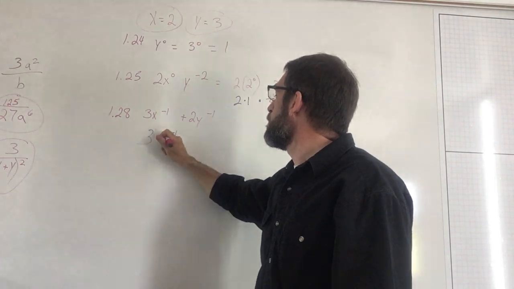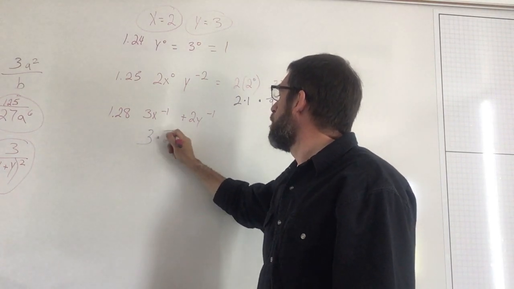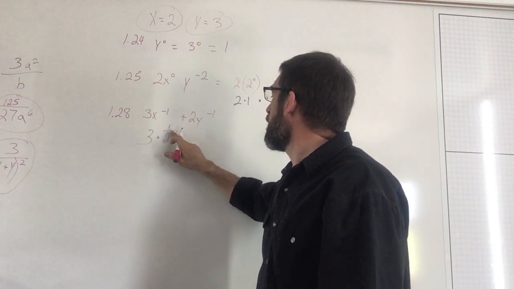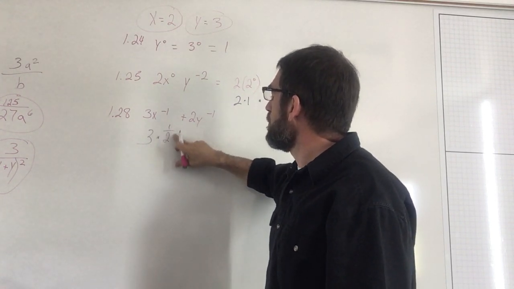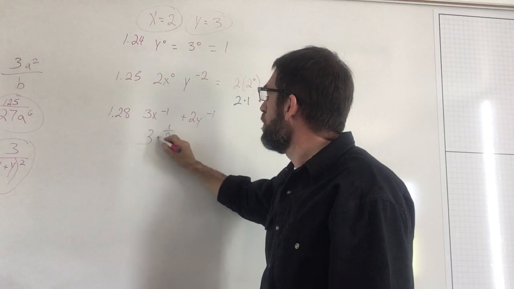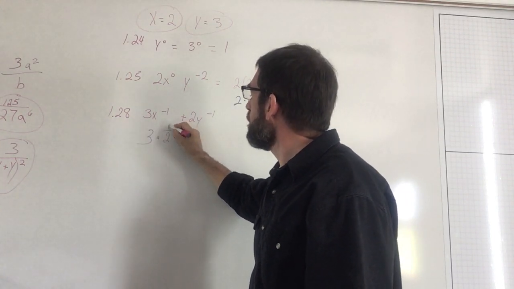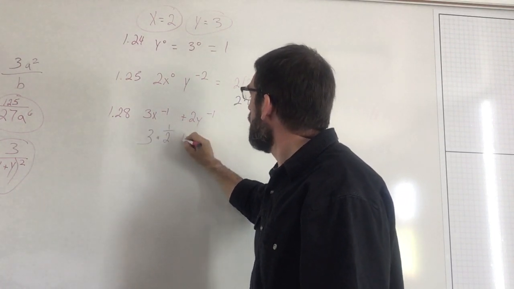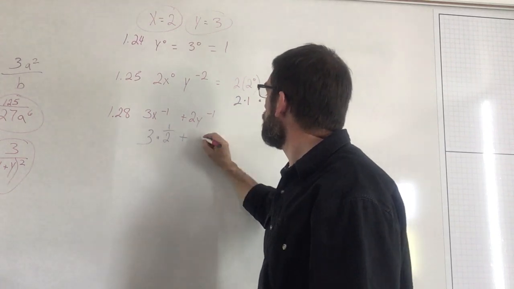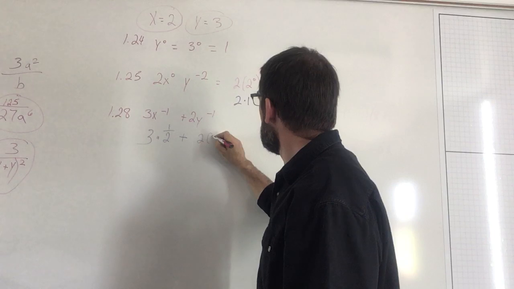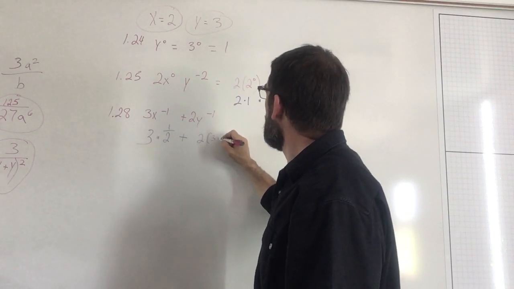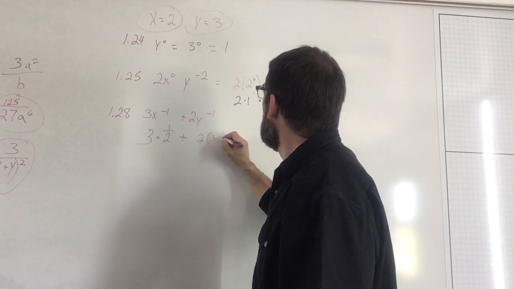The -1 is going to put a 1 on top and take off the -1. That doesn't change anything, does it? We can just take the 1 off. So we've got 3 times 1/2 now, plus 2 times y is 3.